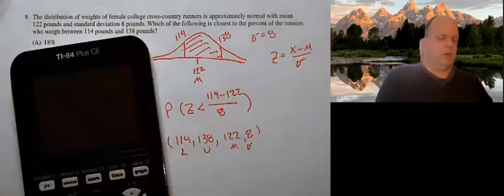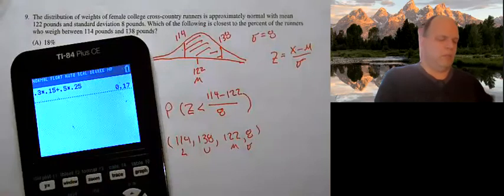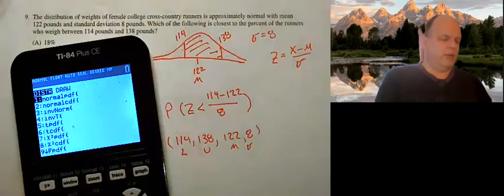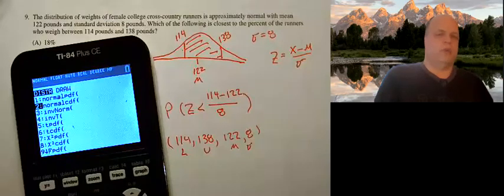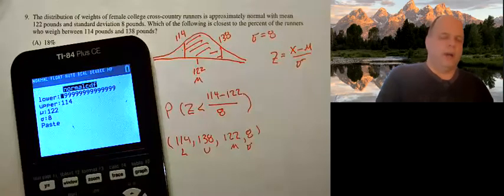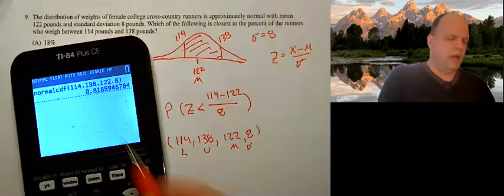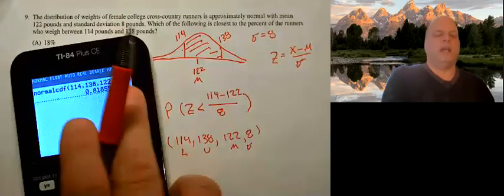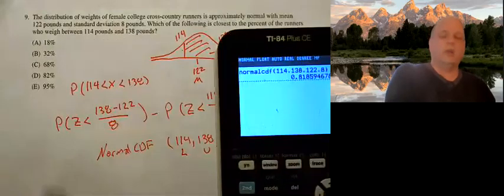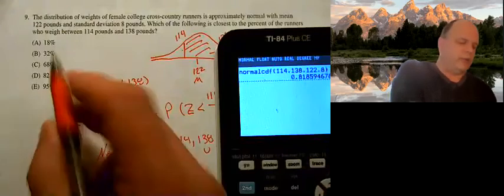So here we go. Second VARS, normalcdf, lower bound 114, upper bound 138, mean 122, standard deviation 8, and we end up getting 0.818, or about 82%. So for number 9, our answer is D.